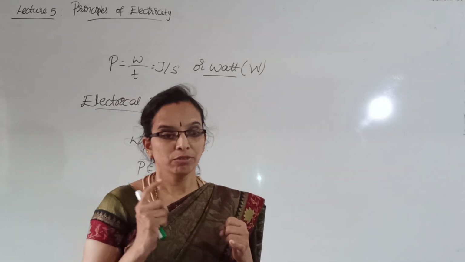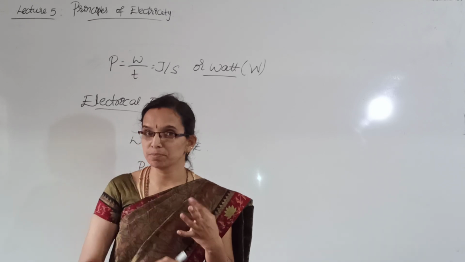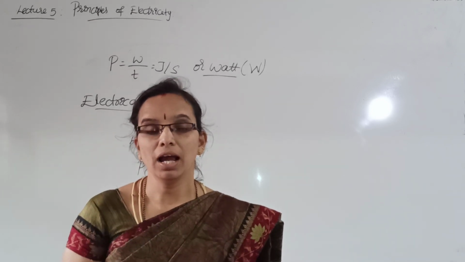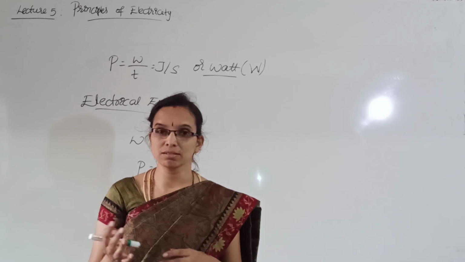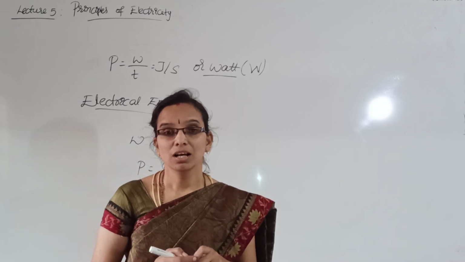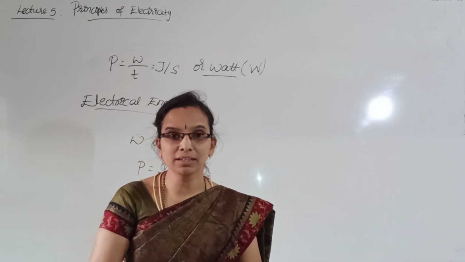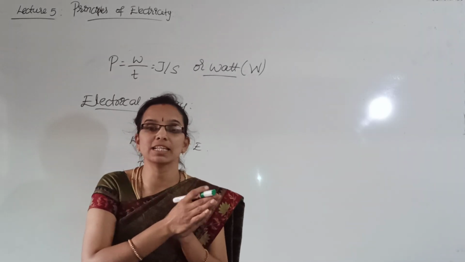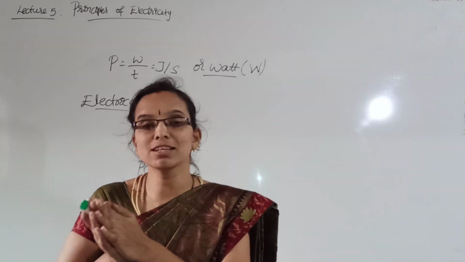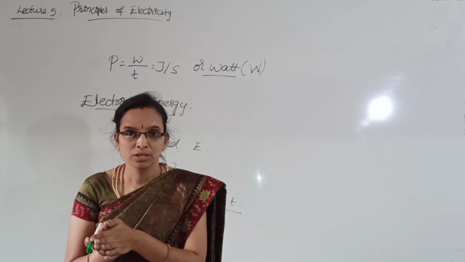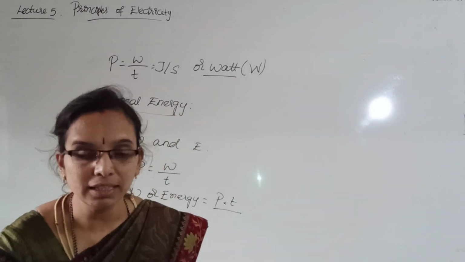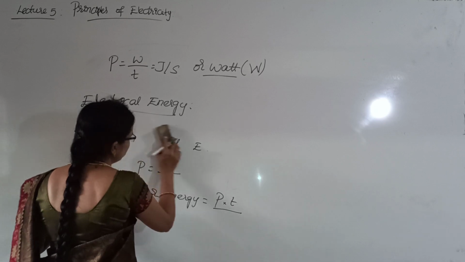That means once the electrical company supplies the power, you use it, and every month you should pay the electricity bill. So that should be calculated using how much electrical energy is consumed in this duration, in 1 month.